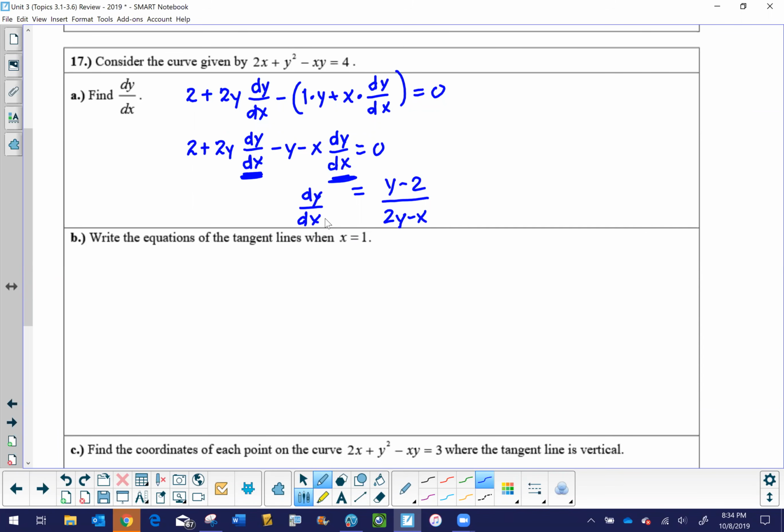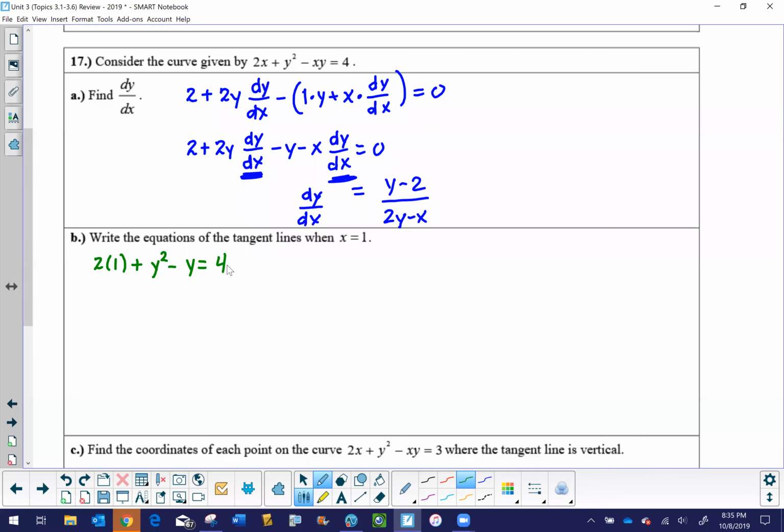Okay. If it wants to know the equations of the tangent lines, that sounds pretty plural, doesn't it? The equations of the tangent lines at x equal 1, then we're going to have to do a couple of things. The first thing is we have to know what the y value is when x is 1. So you just return to the original problem, and we are going to replace all of the x's with a 1.